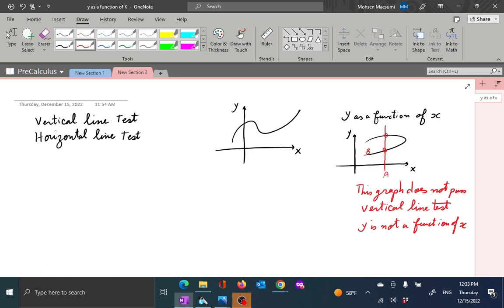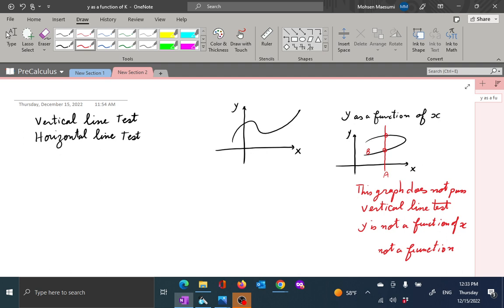Sometimes we make it even more abbreviated. We just say not a function of x, assuming that the person who is listening to us agrees that we are talking about y in terms of x. So we just say it's not a function.